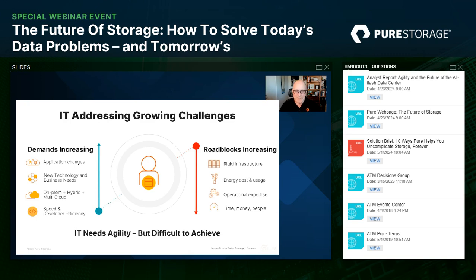Look, we seem to have been able to rise to the challenge around compute with virtualization, and networking these days feels so plug and play in comparison to our data storage infrastructures, which you can generally add capacity, but once you start looking at new features or performance or other things that are needed to adapt our data storage to these challenges over on the left-hand side of the slide, you run into all these roadblocks, and we're going to dive into those and really take a look at why that's happening and how we can get around some of those challenges. But at the same time, there's other roadblocks too.